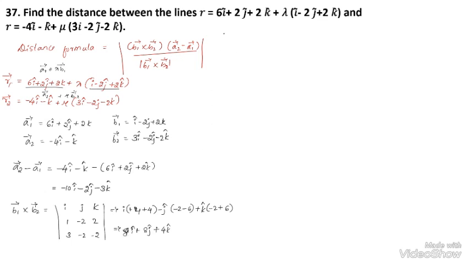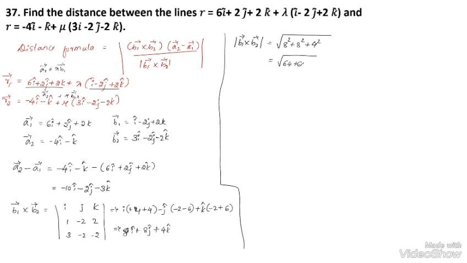Now I can find the magnitude of the cross product b1 cross b2, that is root of 8 square plus 8 square plus 4 square, that is 64 plus 64 plus 16. 64 plus 64 is 128, 128 plus 16 is 144, that is 12.